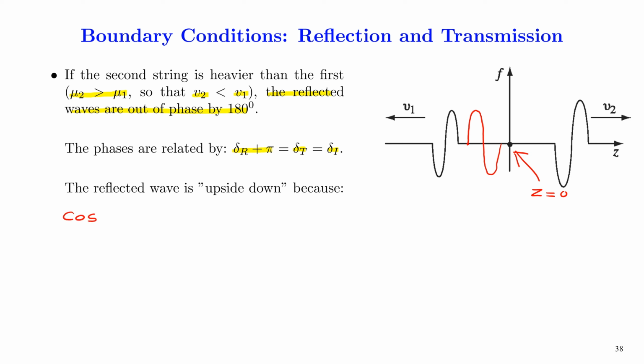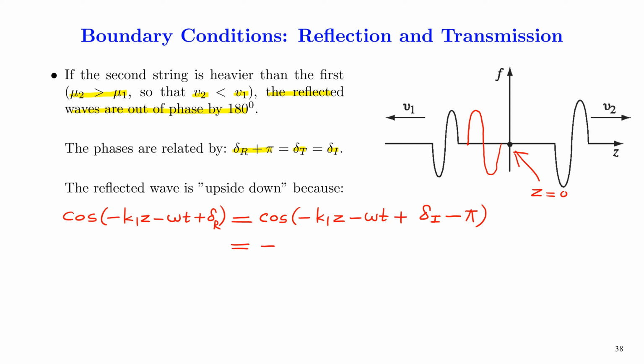Mathematically, we have cos of (minus k1 z minus omega t plus delta R) for the reflected wave, and this is equal to cos of (negative of k1 z minus omega t plus delta I minus pi). So this is delta R, and this is again equal to negative of cos (k1 z minus omega t plus delta I).